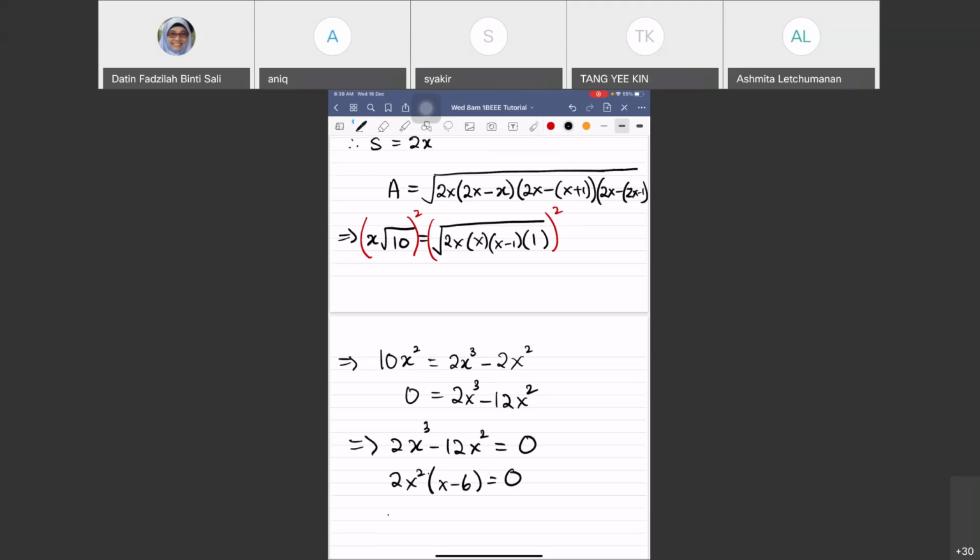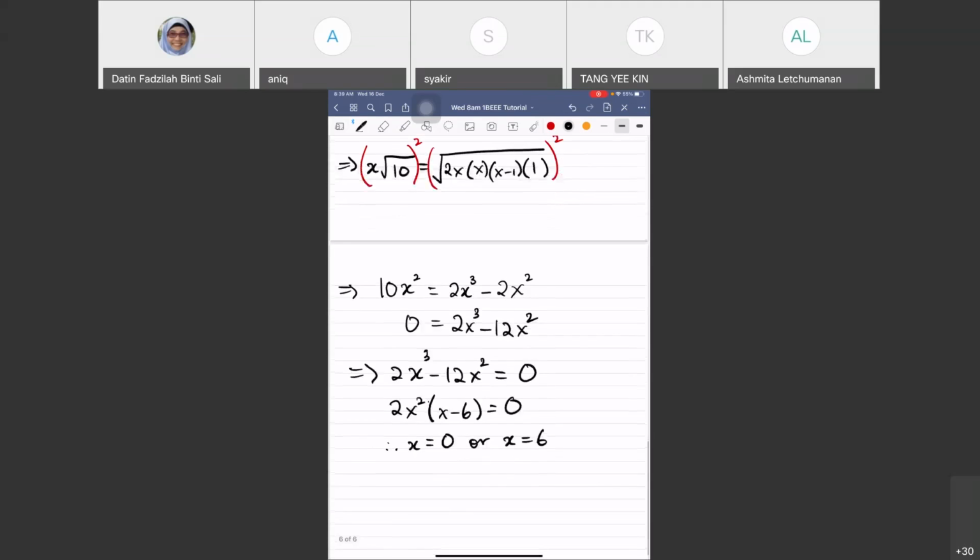So then my solution will be x equals 0 or x equals 6, isn't it? Or do you want me to write it step by step in case you don't understand? That means 2x squared equals 0 or x minus 6 equals 0. So x equals 0 or x equals 6.